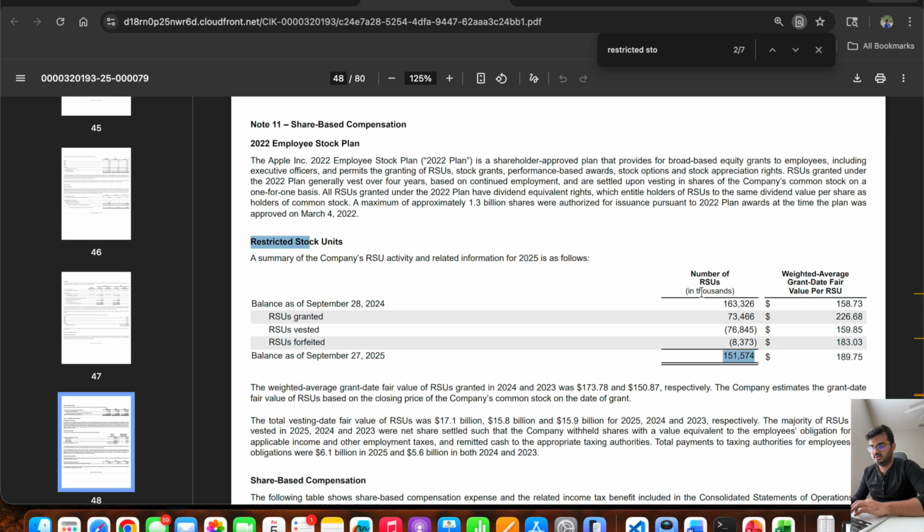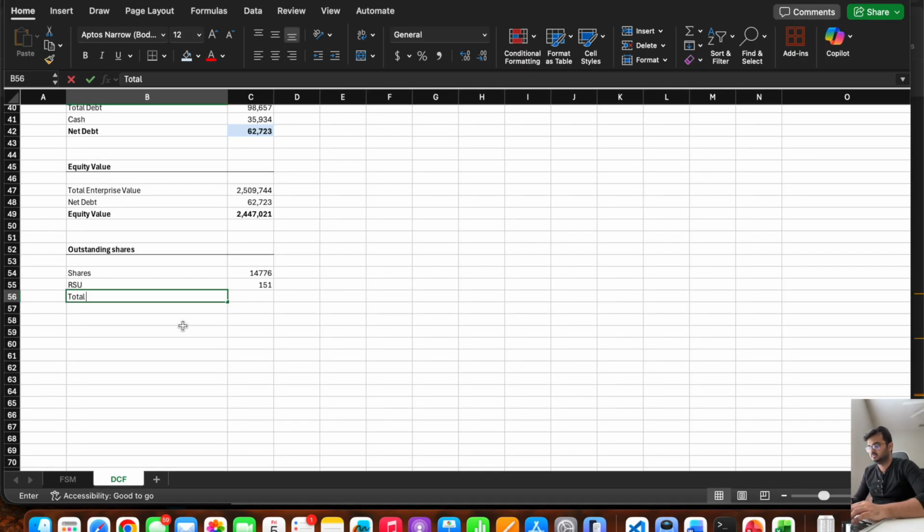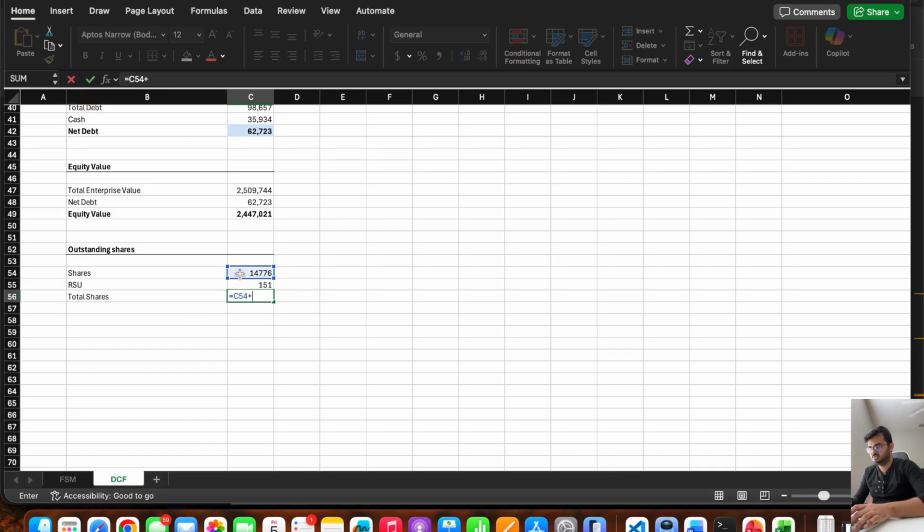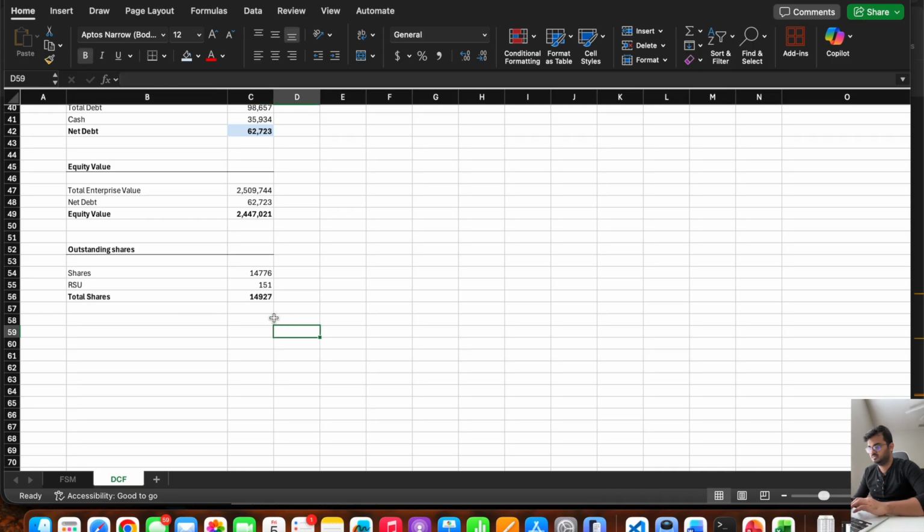Please make sure it clearly says thousand, so we just need to divide by 1000 to get into millions. Don't divide this by 10 power 6. So now we get the total shares, which is this number plus this number, and we now know the total value of shares which Apple has.